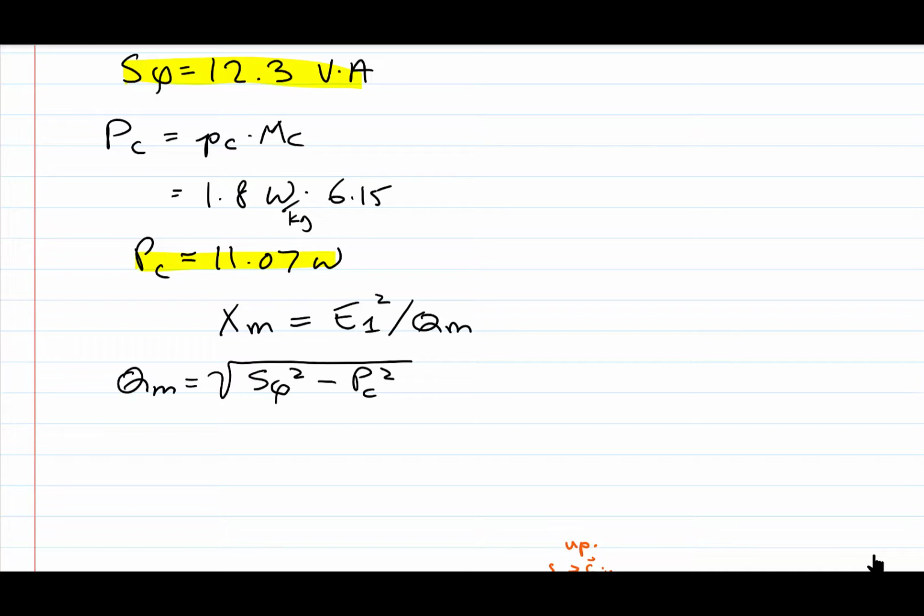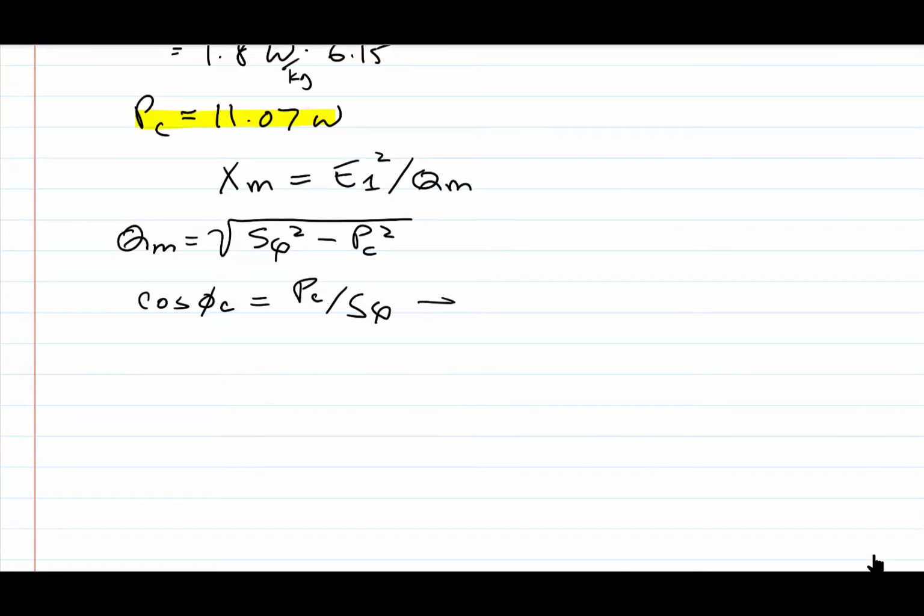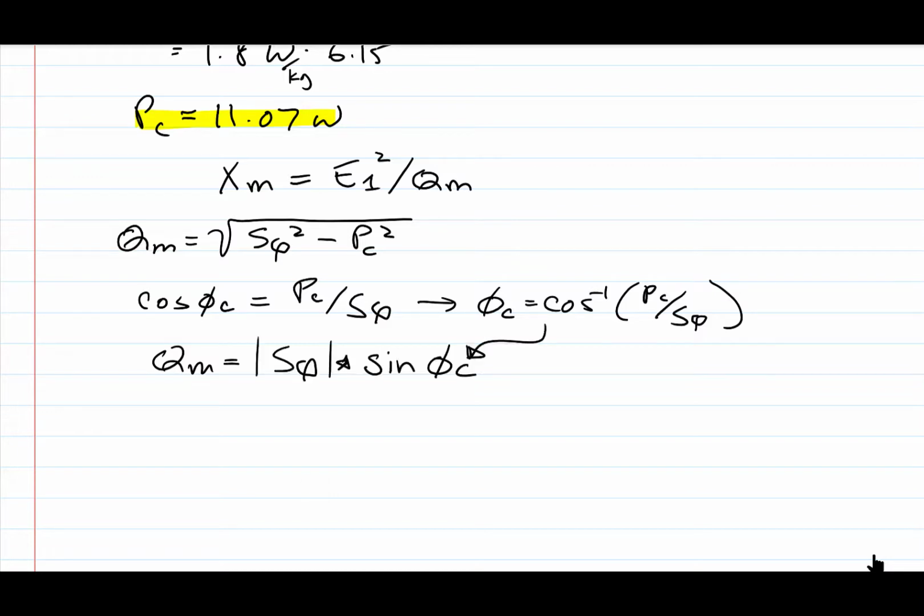But we could also say that the cosine of phi sub c is equal to the ratio of P sub c over S sub phi. We could find phi sub c as the inverse cosine of P sub c over S sub phi, and then the reactance would be equal to. So either way gives us the right value.